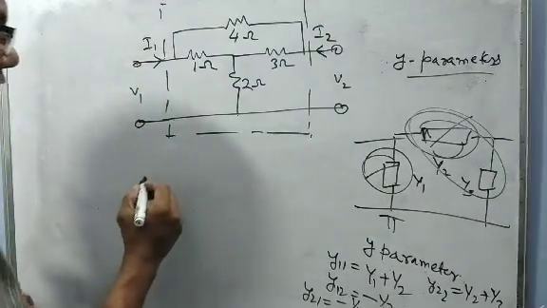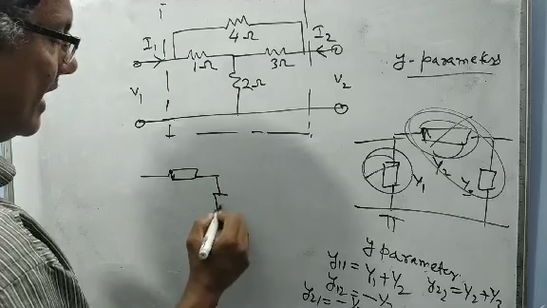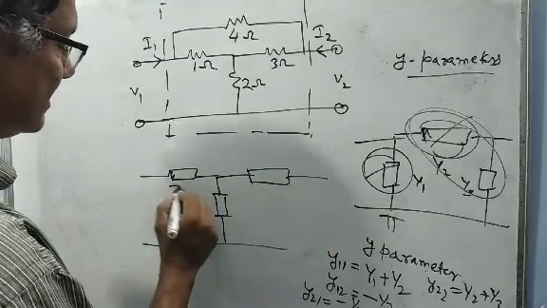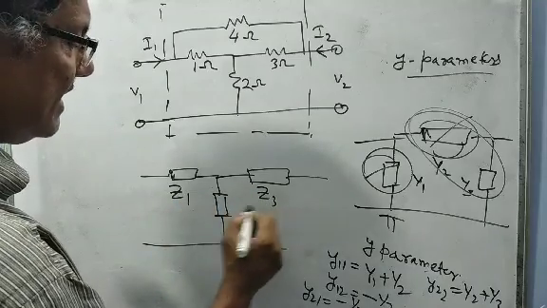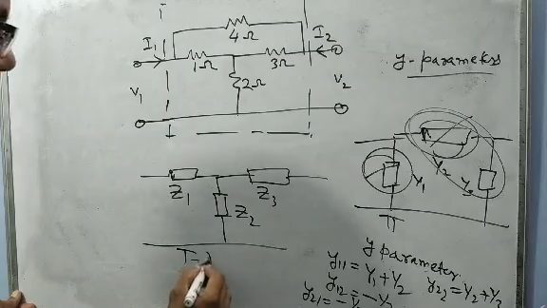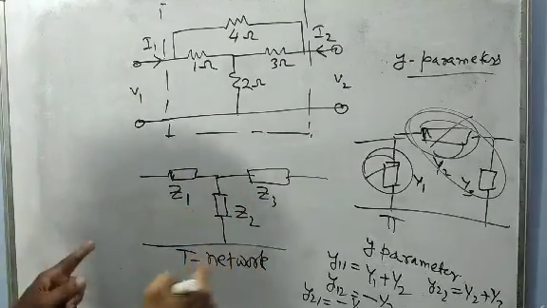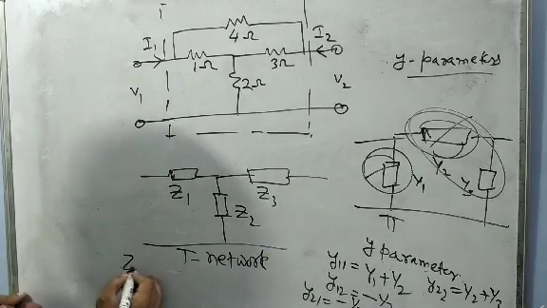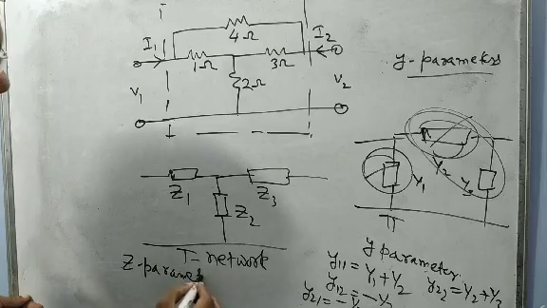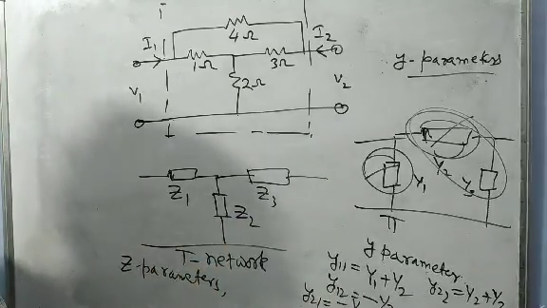Now, if you convert the network into a T form, where suppose this is Z1, this is Z3, and this is Z2, this is a T network. If you convert any network to a T form, it is very easy to get the Z parameters. And vice versa, if you know the Z matrix, you can invert it and get the Y matrix.